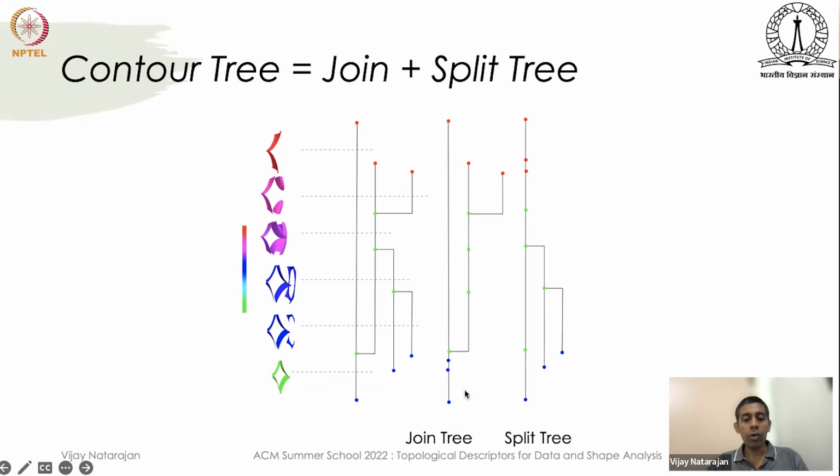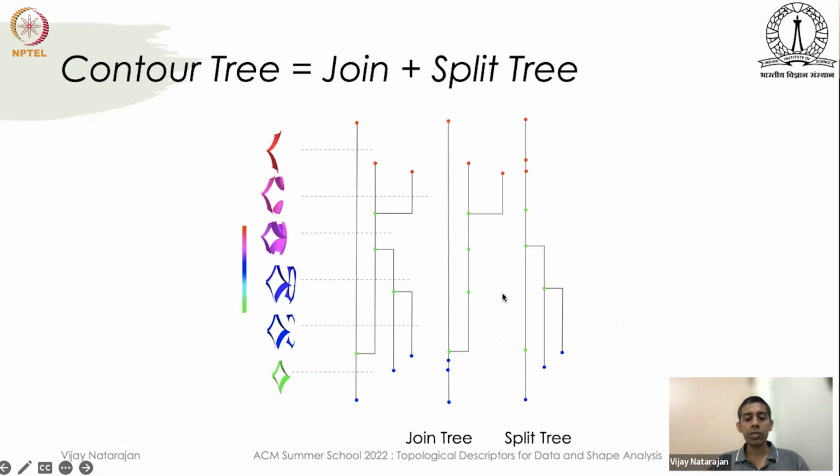So note that if you are only capturing merge events, think union events, right? This is easier to capture. It turns out that the join tree plus the split tree is equal to the contour tree.